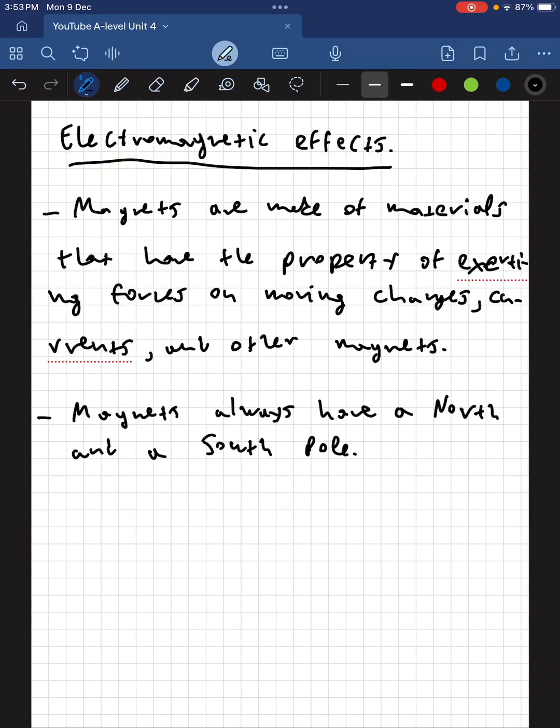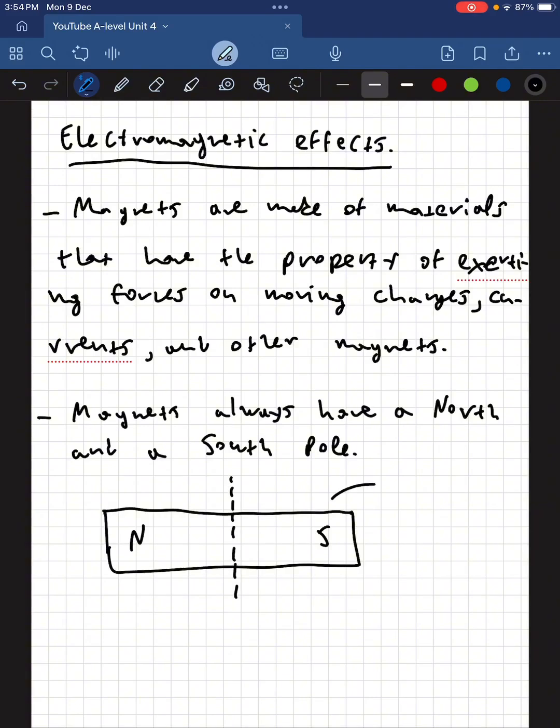Unlike the electric charge case, though, we can never separate the north from the south pole and get an individual north pole or an individual south pole, just like we can get a positive or a negative charge. Instead, if we cut the magnet in two, so if we have a magnet, and this is the north pole and this is the south pole, and let's assume that we cut it into two, what we will get is two new magnets that will have a north pole and a south pole each, okay?